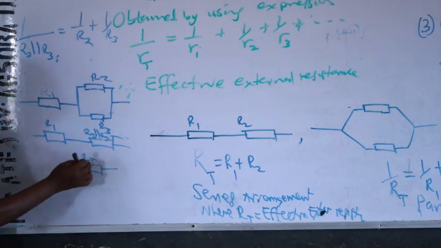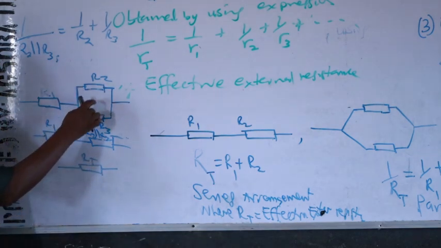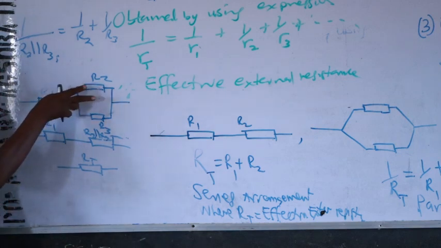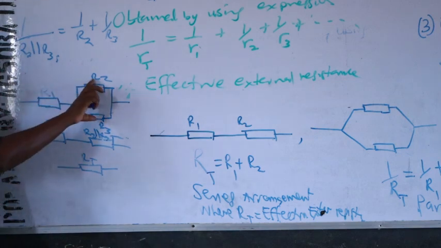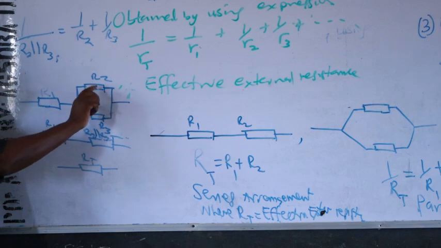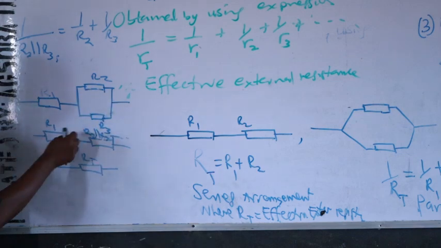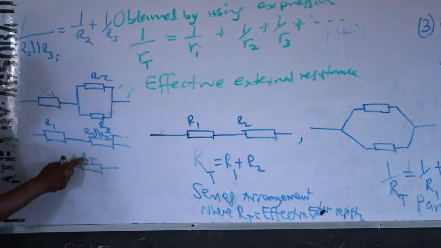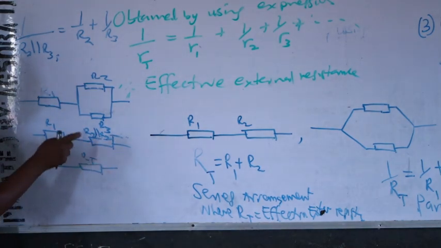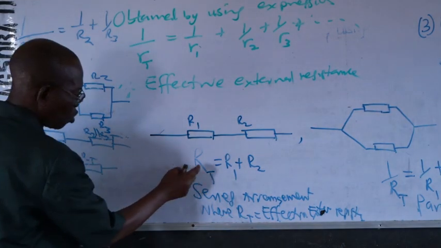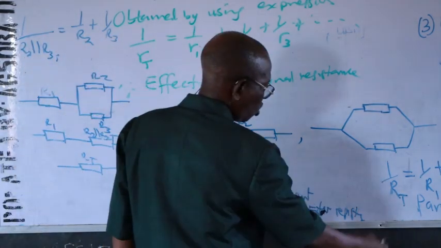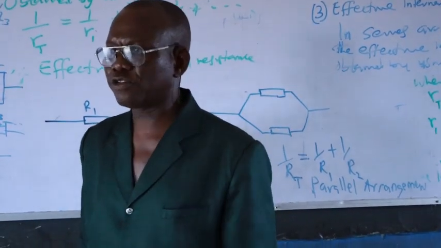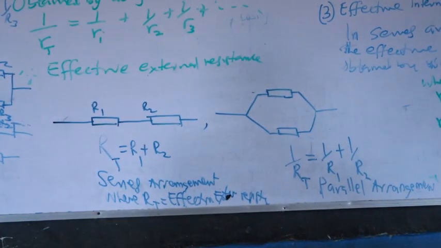You cannot calculate this answer without combining this one first. Step 1 is to combine these two, collapse them to get their equivalent. When you find the total of this, you put the value here. The two of them are now in series. Add them together to get it. This is what we call effective external resistance. These are possible ways you can have in any circuit.